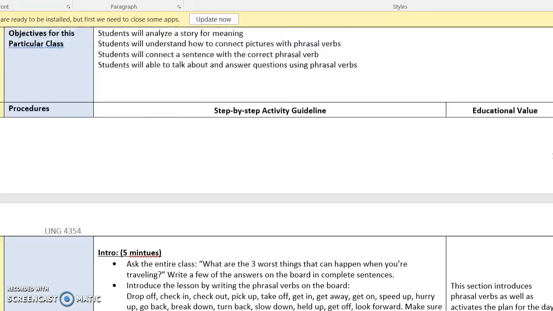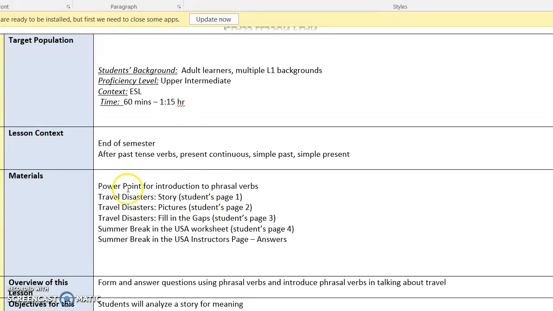Also, I'm just going to go up here to my materials so we can maybe look at that. Also, the communicative principle of CLT has to do with real communication. Well, with these activities, these materials that I'm presenting to them, they're really not getting a whole lot of real communication.